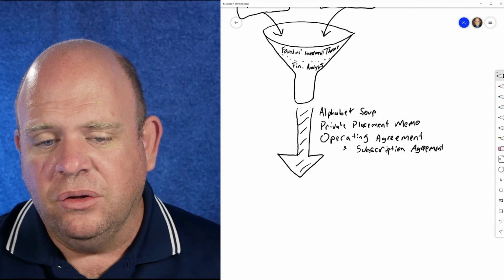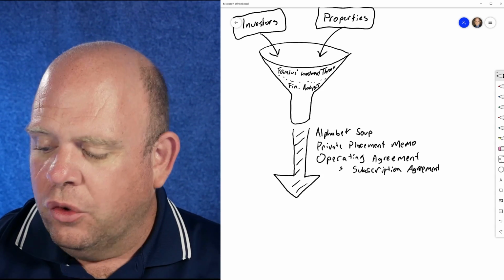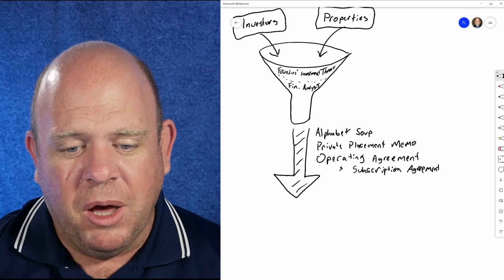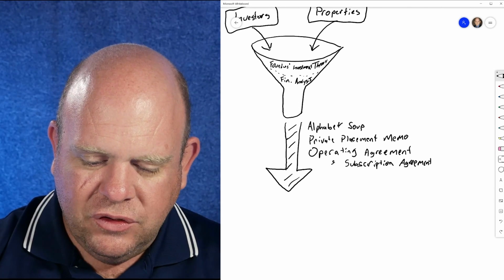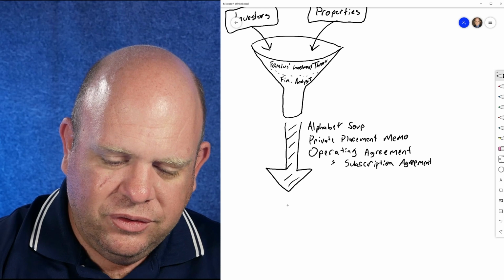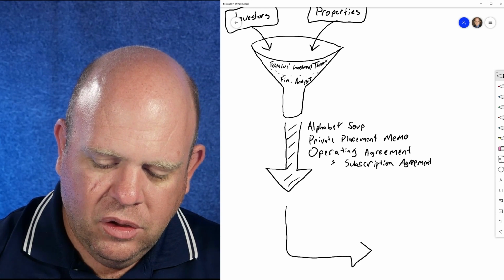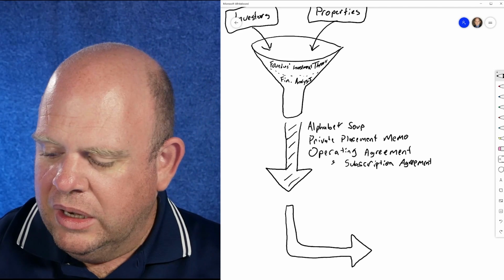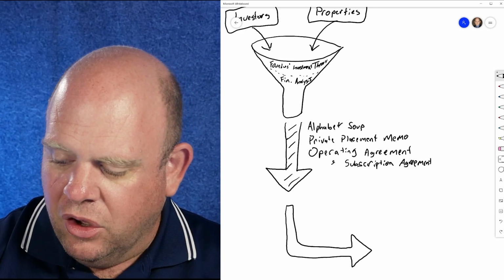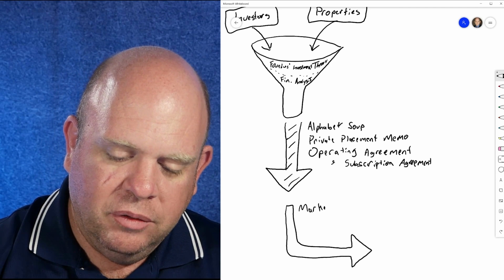So now the deal is in escrow and the clock is ticking. So we need to get this puppy done. So the next step is really we need to do what we call, first we need to market the property.